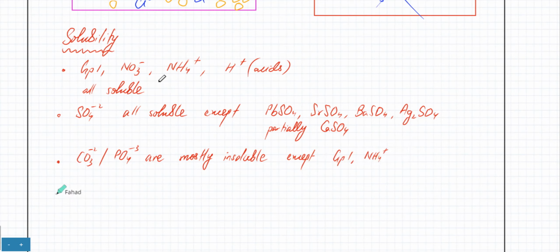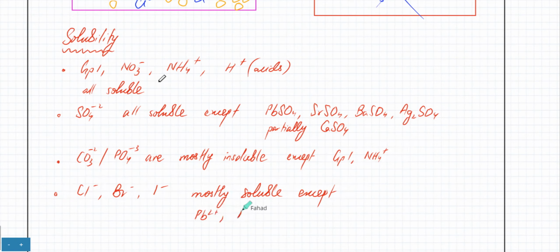Then you have Cl-, Br-, and I-. They are mostly soluble except Pb2+ and Ag+. Their chlorides and so on are not soluble.